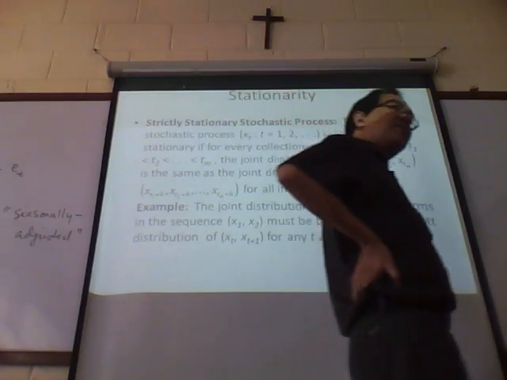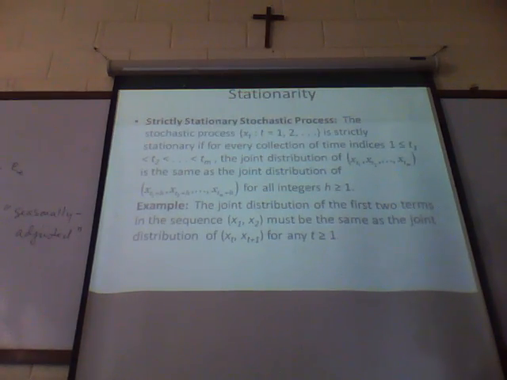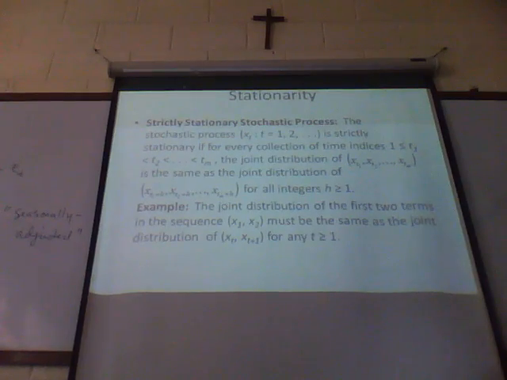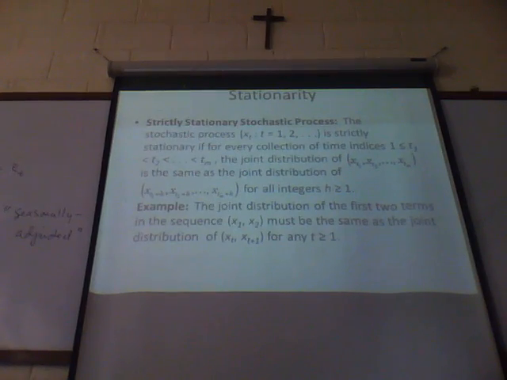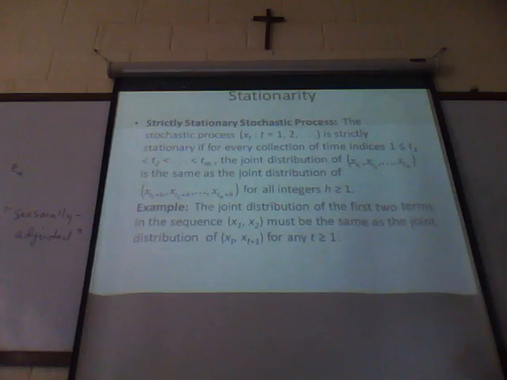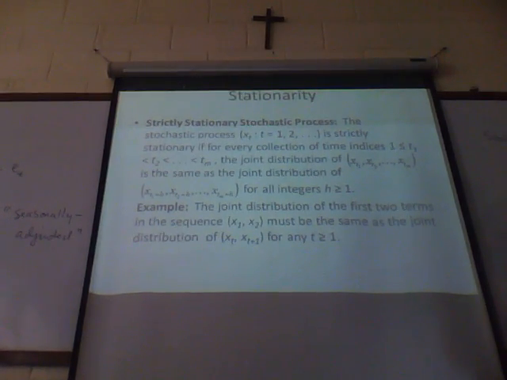But the key is to try to visualize it, I guess. So we have here the concept of a strictly stationary stochastic process. Okay, so our stochastic process is a sequence of random variables indexed by time.